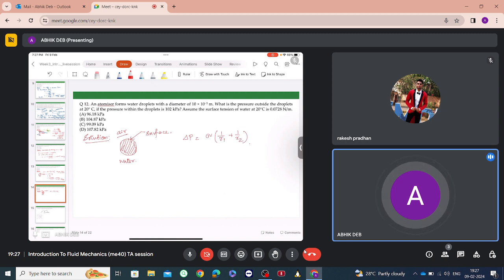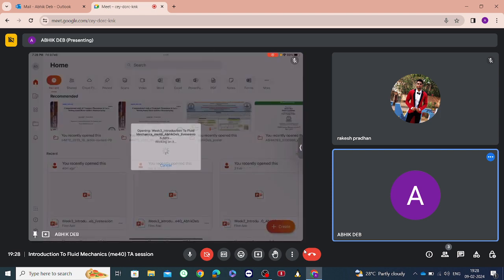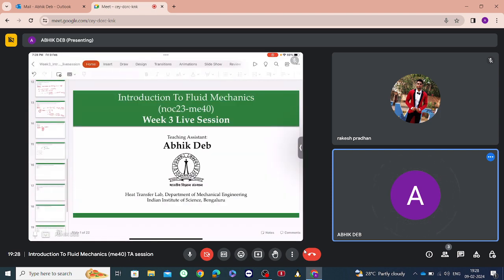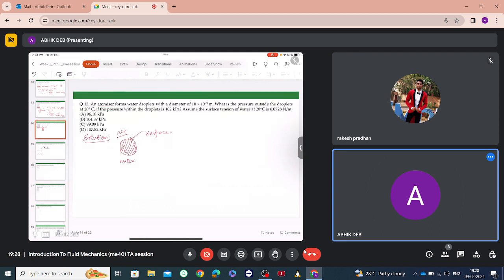So inside the droplets there is one pressure Pi, and outside the droplets there is another pressure Po.